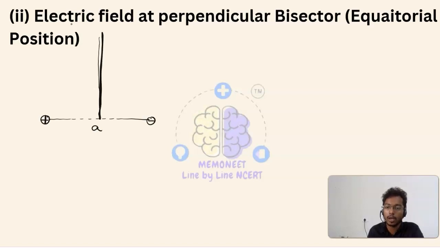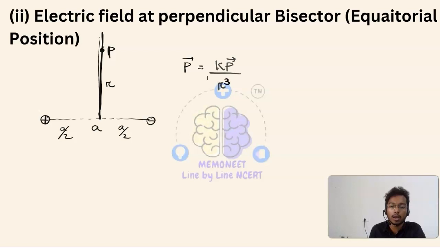This is a upon 2, this is also a upon 2, and here we have to find the value at P. This perpendicular distance is r. So the electric field will be E equals k p vector upon r cube.